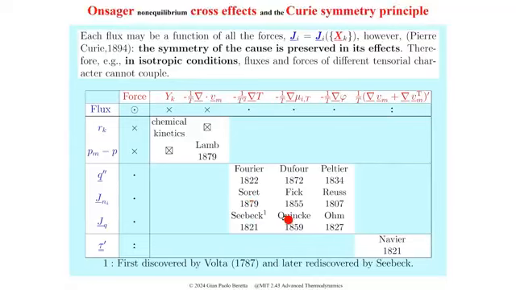off-diagonal terms. These are called cross effects, and in some cases, some of these cross effects are forbidden by symmetry reasons. In particular, if you have an isotropic fluid or continuum, the Curie principle forbids cross effects between phenomena of different tensorial character.